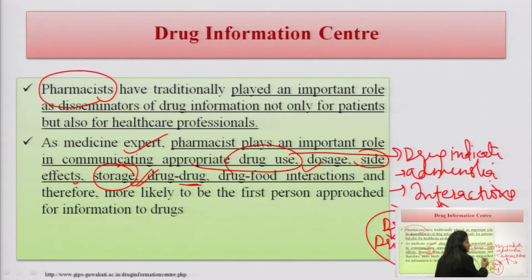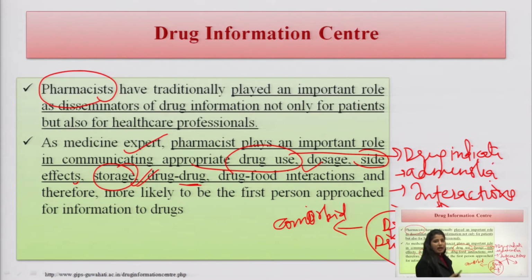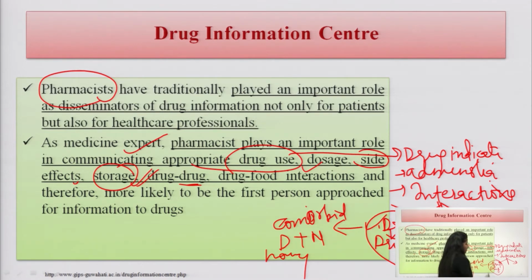This happens when the patient is suffering from comorbid conditions, for example diabetes and hypertension, or diabetes and neurological disorders. When the patient is suffering from two or three diseases at a time and taking many medicines, there is a chance of drug-drug interactions. The pharmacist can tell about these.